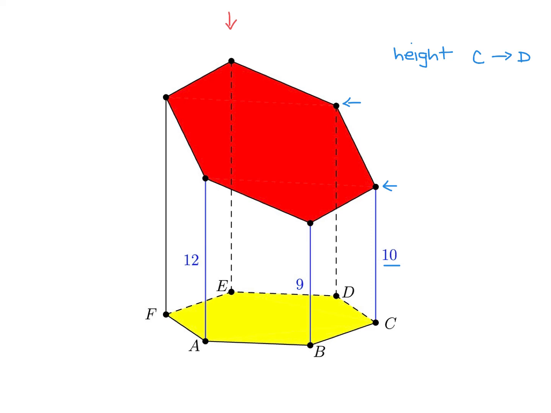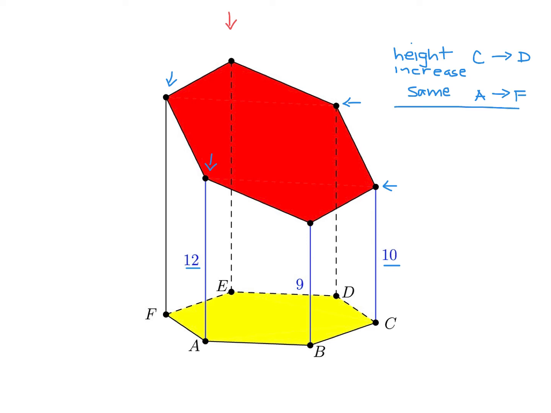The height is increasing. That height increase from C to D is the same as the height increase from A to F. So the height of A is 12, but as you go from this point right here to this point, it increases by the same amount as when it went from C to D. That's because this is a regular hexagon.